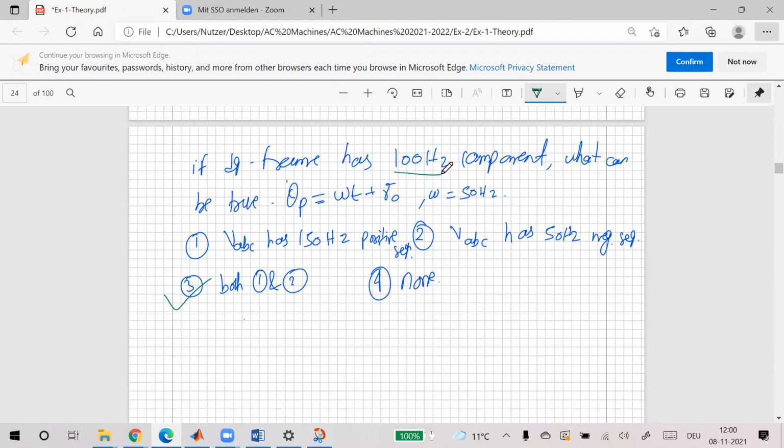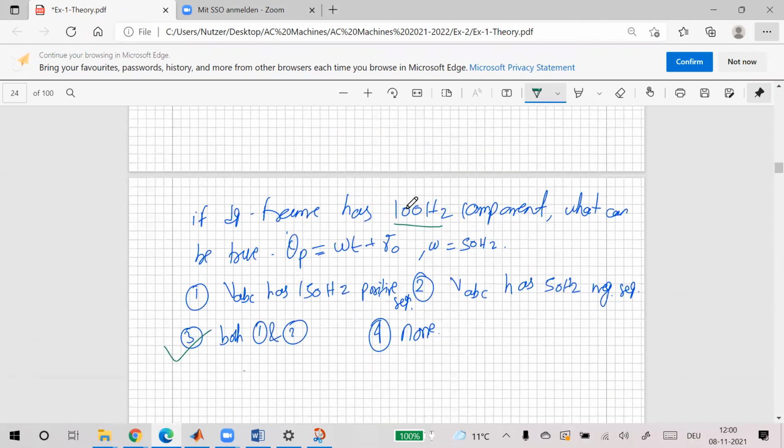So when you have 100 hertz, this is possible. This 100 hertz can be the result of omega 1 minus omega 2 or omega 1 plus omega 2. Basically what I'm trying to say. And your omega 2, we have given, is 50 hertz.